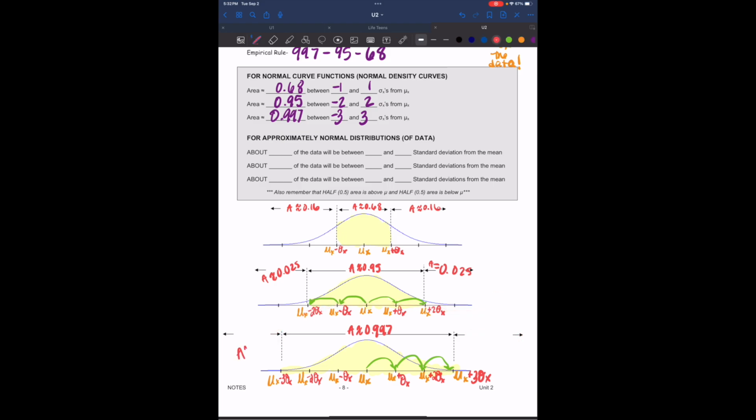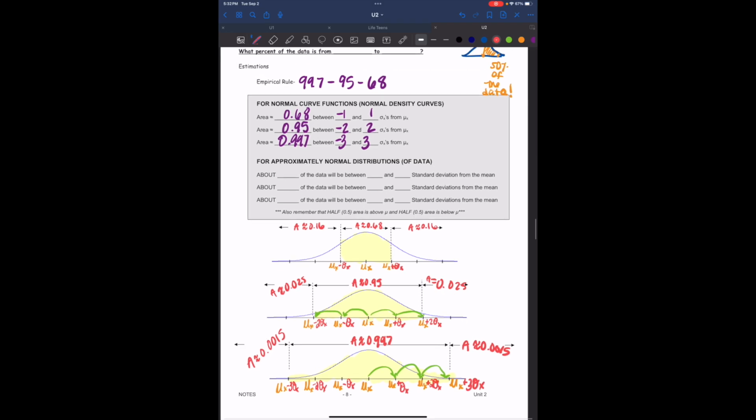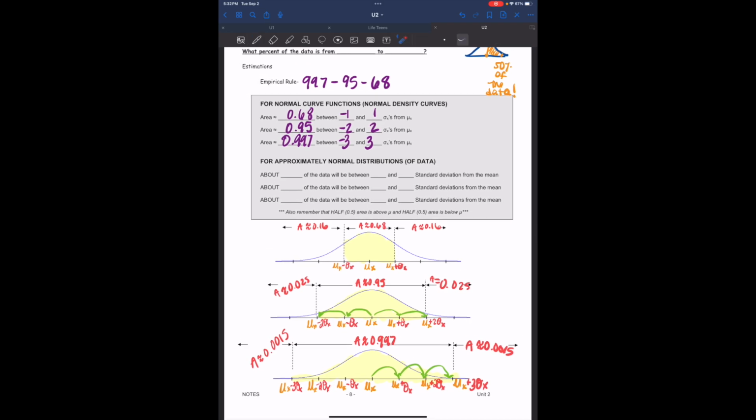So the area that's out here is 0.0015. If you were to change that to a percent, that's not even 1% of the data. So that's over there, and that's over here. Again, it gets us a gut feeling that the majority of the data is between -3 and 3 standard deviations away.